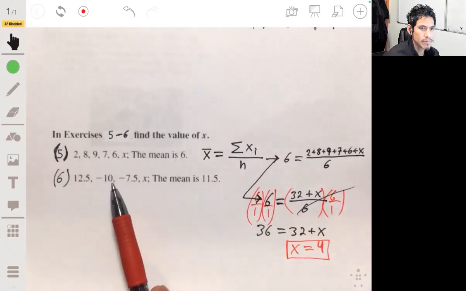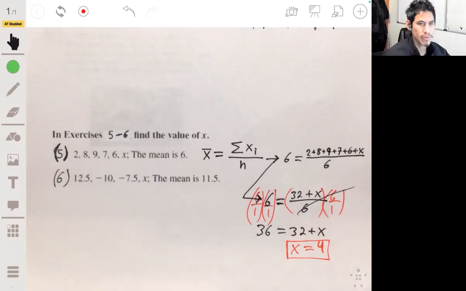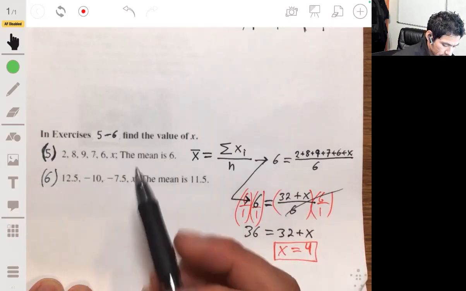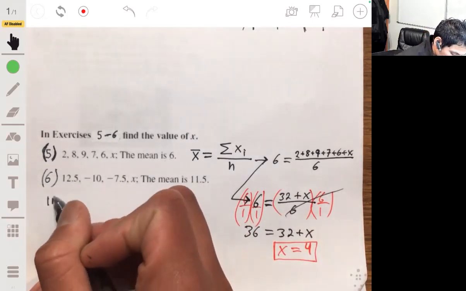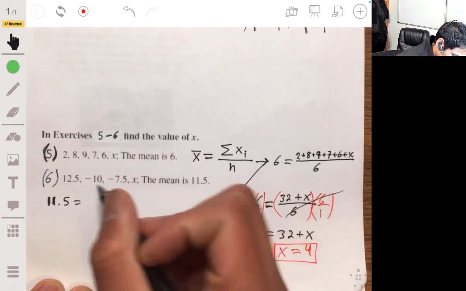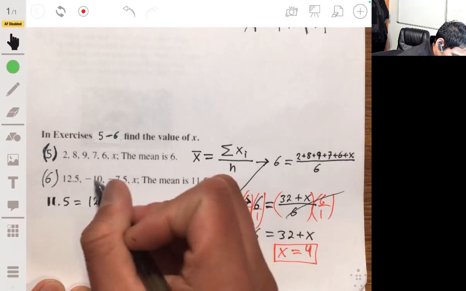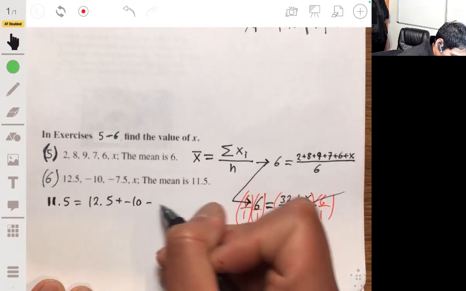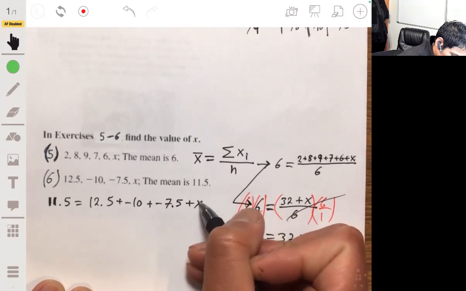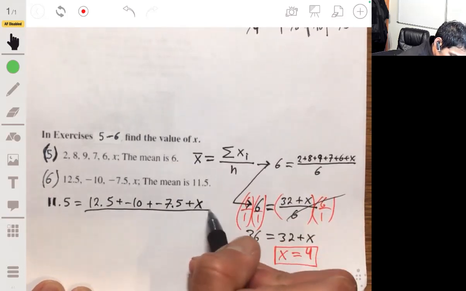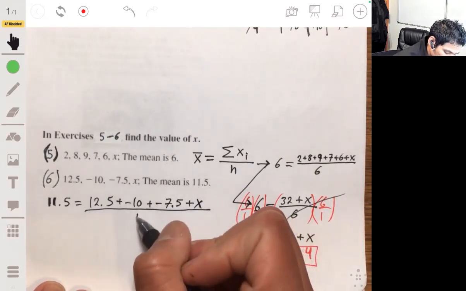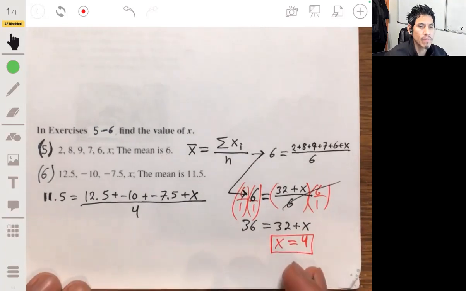Problem 6, same type of problem. So let's set the mean equal to the sum of these values. We're going to set 11.5 equal to 12.5 plus a negative 10 plus a negative 7.5 plus an x, all over n, and n is going to be 1, 2, 3, 4, because that's the sample size.